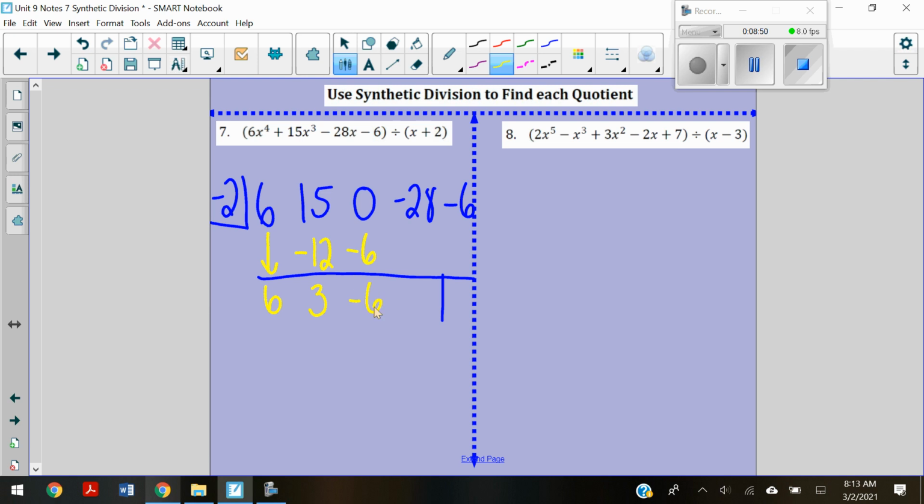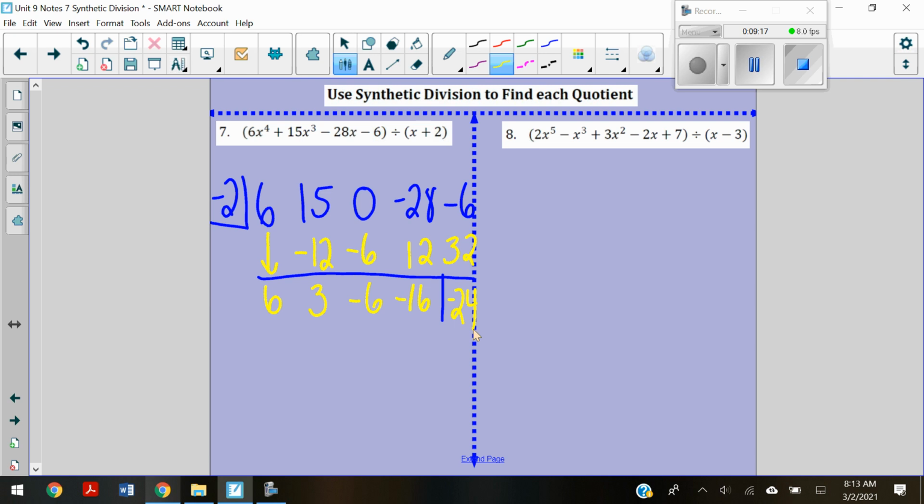Negative 6 times negative 2, we get positive 12. Negative 28 plus 12 gives us negative 16. Negative 16 times the negative 2 gives us a positive 32. And negative 6 plus 32, we end up with a negative 24.